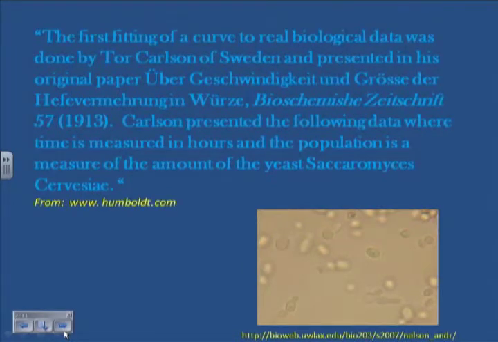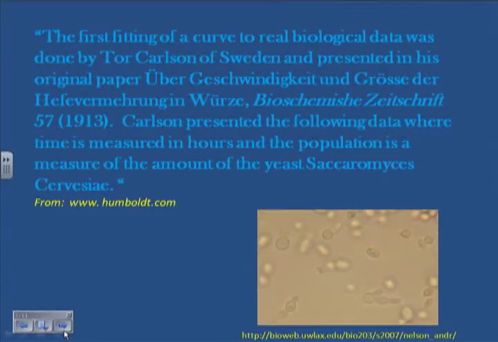It says the first fitting to real biological data was done by Tor Carlson, and I'm not even going to try to pronounce the name of his paper, but he's counting, let's see here, what is he counting? Yeast, a certain kind of yeast. The biology people can check that out for me.